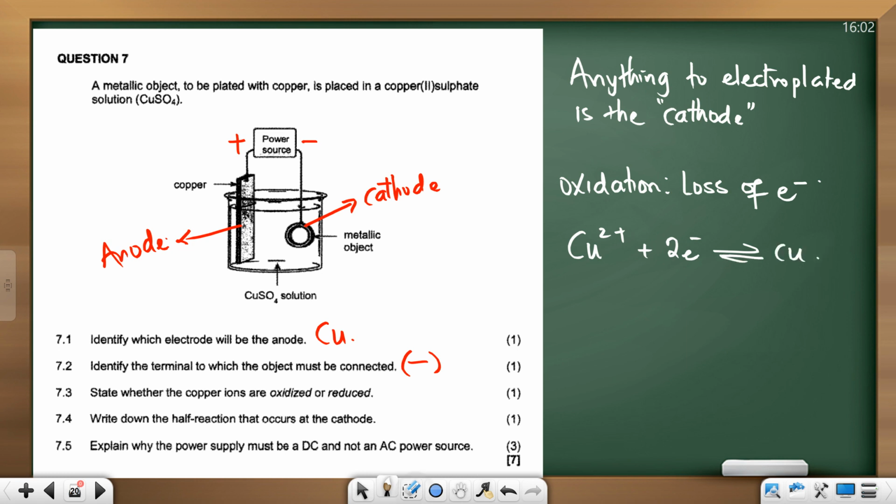That is the half cell for copper. This is copper solid. And this is copper ions. Wait. Zanele said something very important. Now, I'm taking this from the formula page. What does plus mean to you? Gain. Gain what?